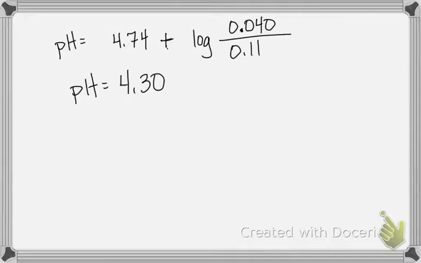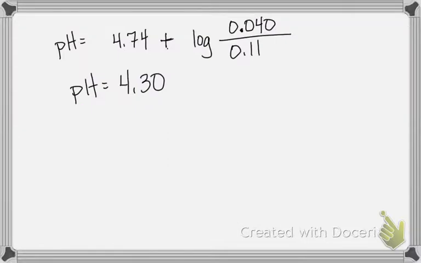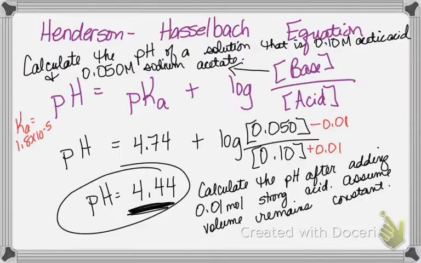If we go back to the previous one, we started at 4.44. We add acid. Now, a buffer resists a change in pH, okay? It doesn't guarantee there's no change. It just changes a small amount. If we add acid, we expect the pH to go down, and it did go down, but it only went down a small amount.